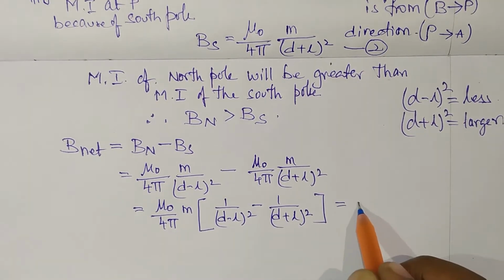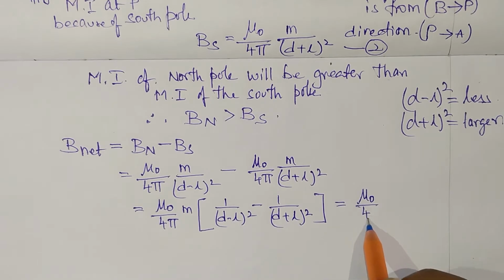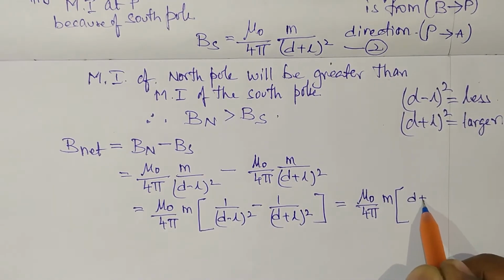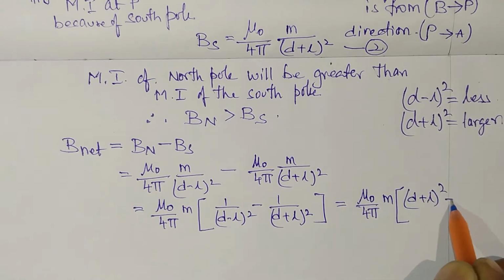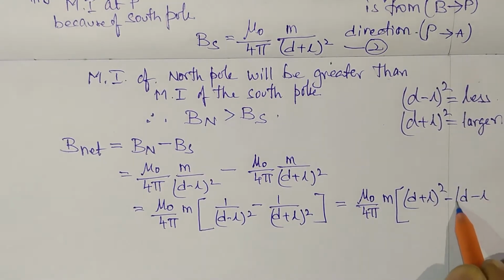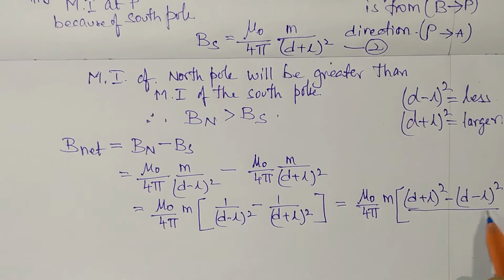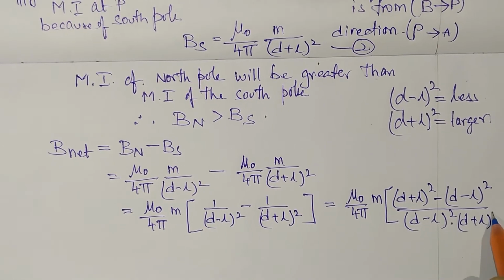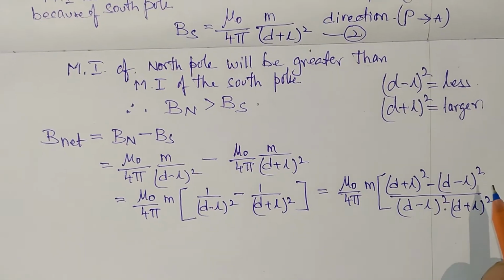So on cross multiplying, mu naught by 4 pi m, you will get (d plus L) whole square minus (d minus L) whole square by (d minus L) whole square into (d plus L) whole square. So now what happens?